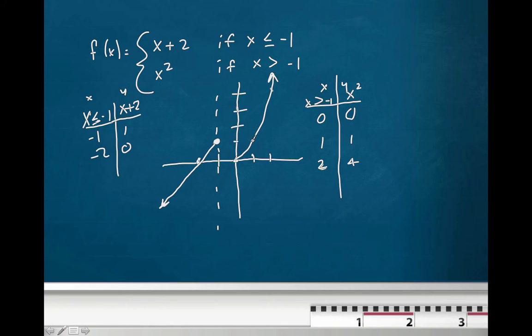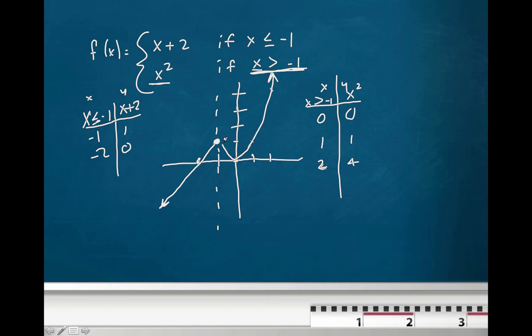Now, this parabola would tend back up this way and connect up with this dot for this part of the graph, because this gap in here between where x is minus 1 and 0 falls under this part of the domain where x is bigger than negative 1. So this x squared graph would continue all the way up here.